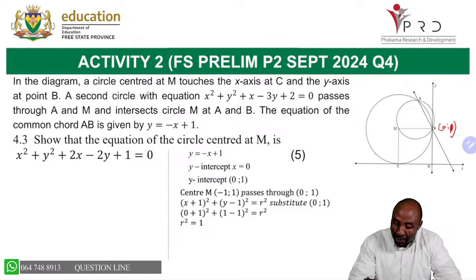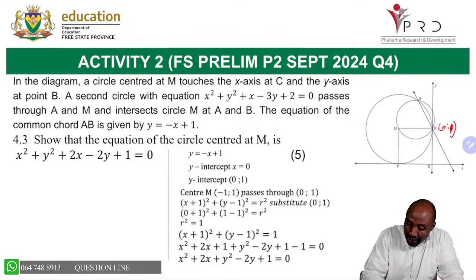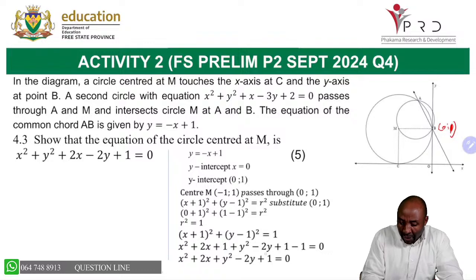And when we substitute the coordinates of point B there, it will become (0 plus 1) squared plus (1 minus 1) squared is equal to r squared, and we'll get our r squared as 1. We expand. This is the standard circle equation. If we expand it, we'll get x squared plus 2x plus 1 plus y squared minus 2y plus 1.